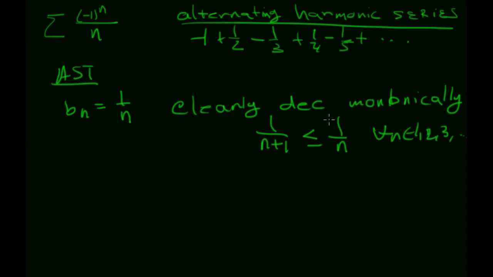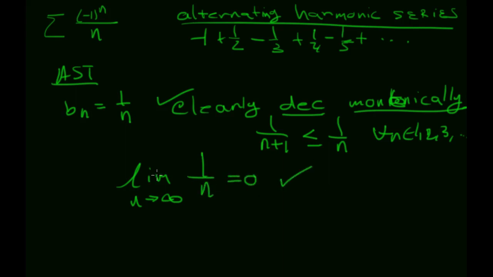So this thing is definitely decreasing monotonically. So we've met criteria number 1. Criteria number 2 is the limit as n approaches infinity of b sub n, which is 1 over n, equals 0. We meet that. So we've met criteria number 1 and criteria number 2.